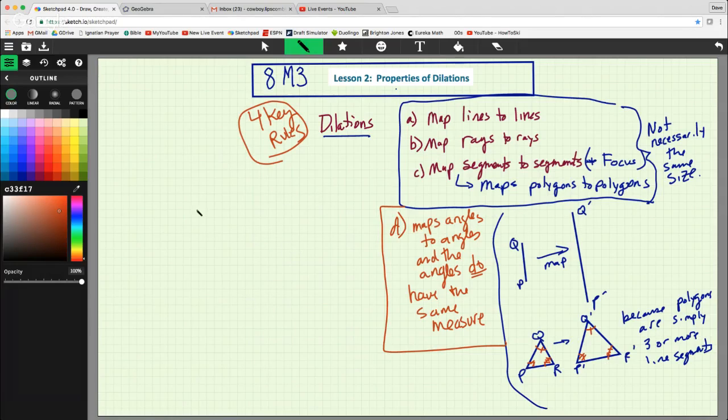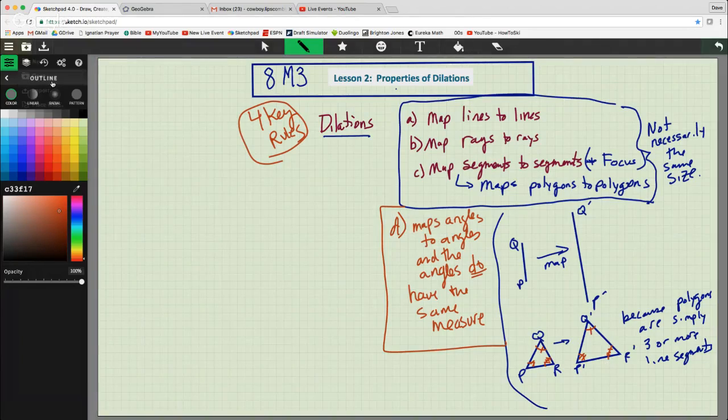And then we're going to do it in GeoGebra, and I'm going to show you how to perform some dilations on various objects using different dilation factors, different scale factors, and it will be similar to the homework that you have for tonight.